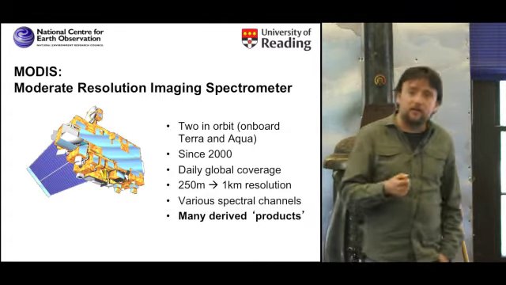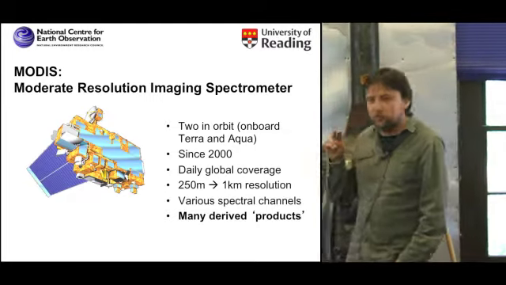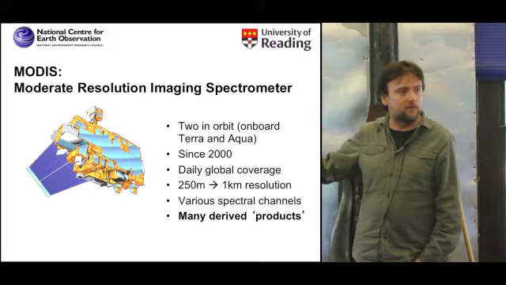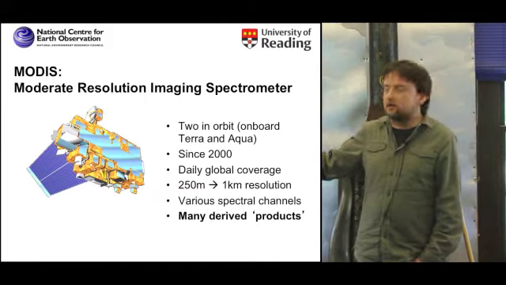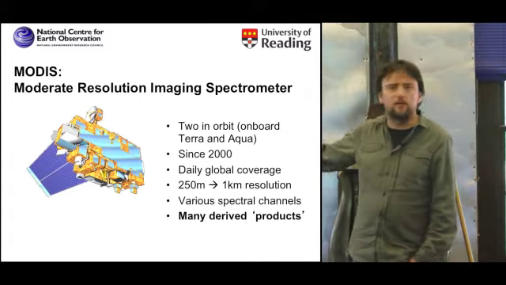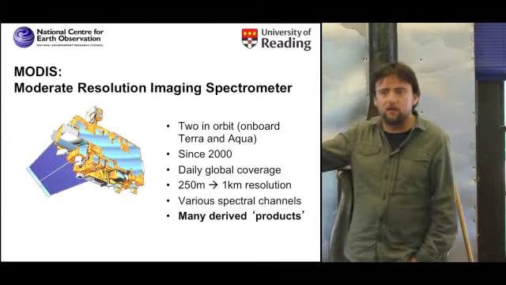And importantly, there's been a lot of energy devoted to delivering products from these sensors that are relevant to carbon cycle science. So, for example, there are photosynthesis products you can get from MODIS that you can download straight away and use.